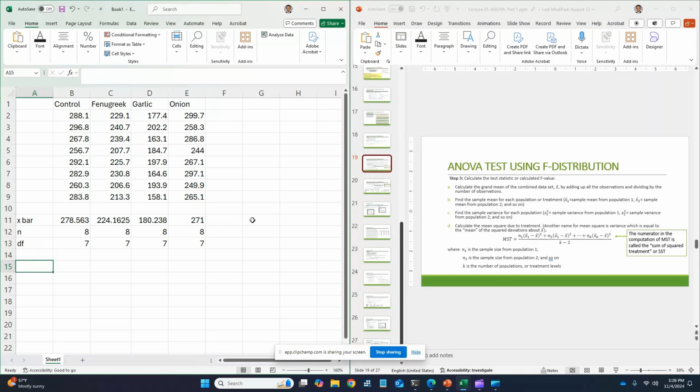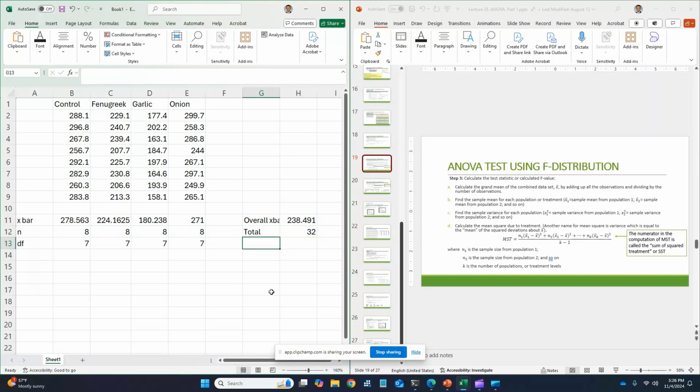For calculating the overall average, we can get the average of these averages. Then you can also get the total count, that is how many observations we have in total. That's the sum of all these counts here, right?